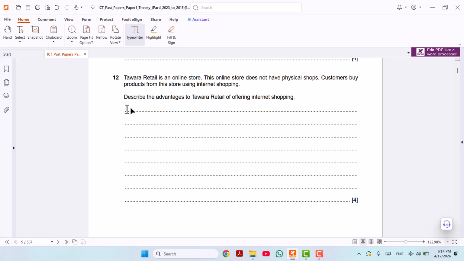So we have many advantages here in internet shopping. So the first thing, target audience, or the prices and the borders also are both in groups here.